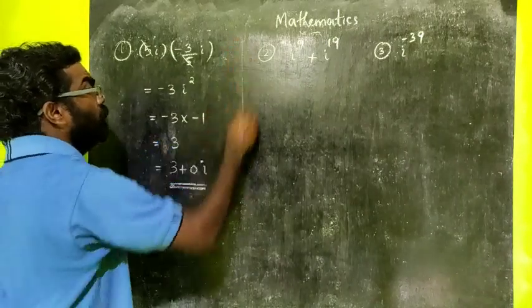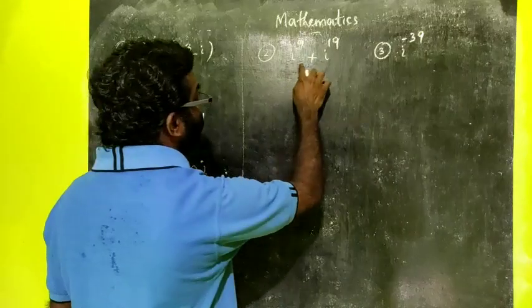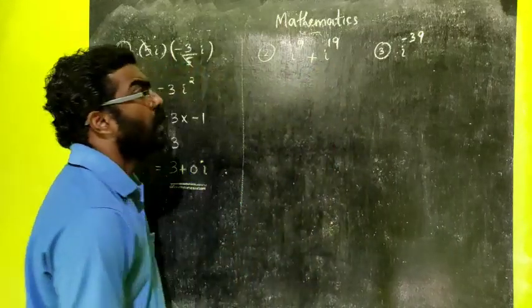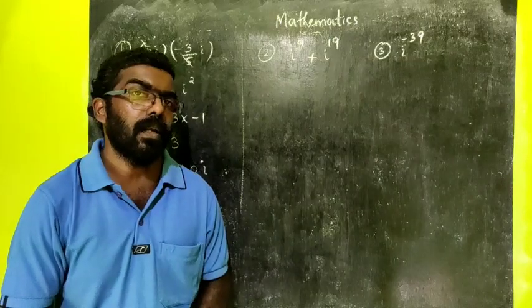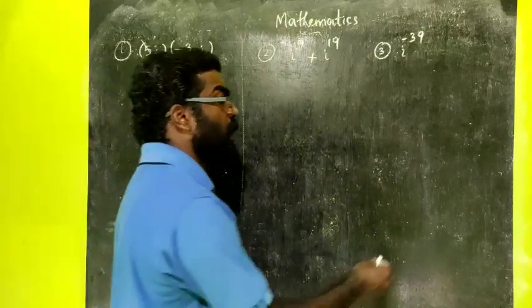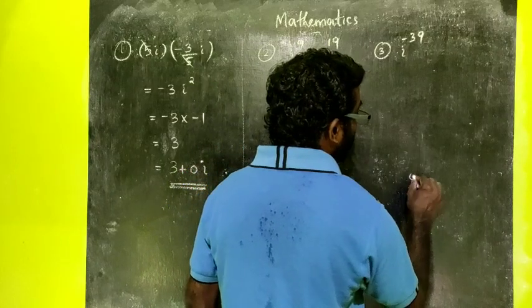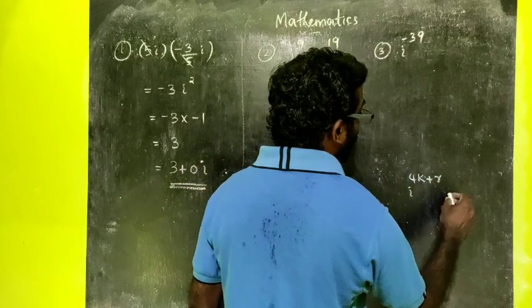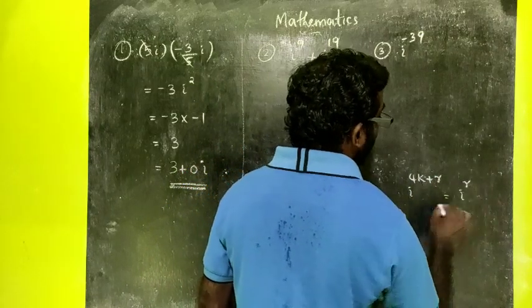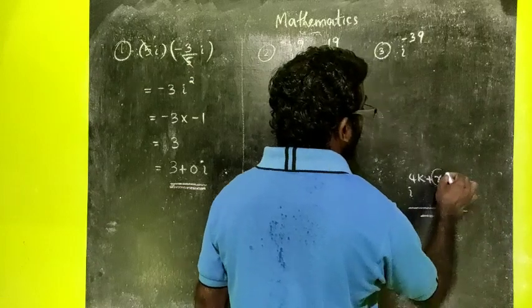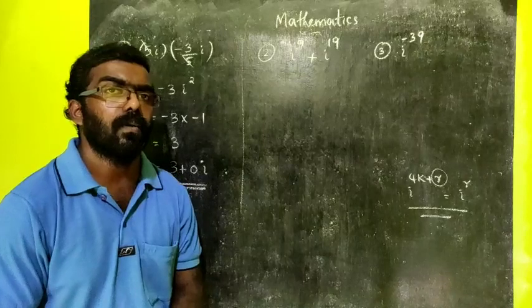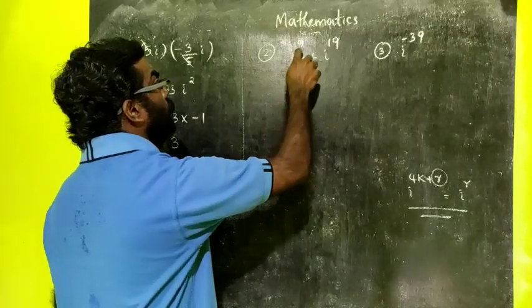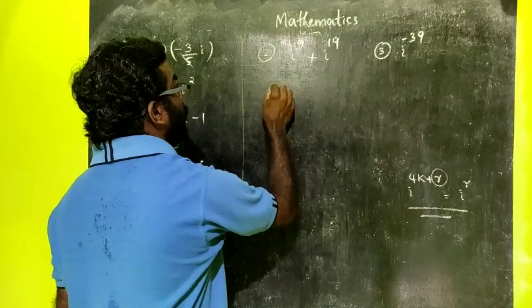The second one is i raised to 9 plus i raised to 19. We have discussed in the last class, i raised to 4k plus r can be written as i raised to r, where r is the remainder on dividing the power by 4. So here 2 4s are 8, the remainder is 1.